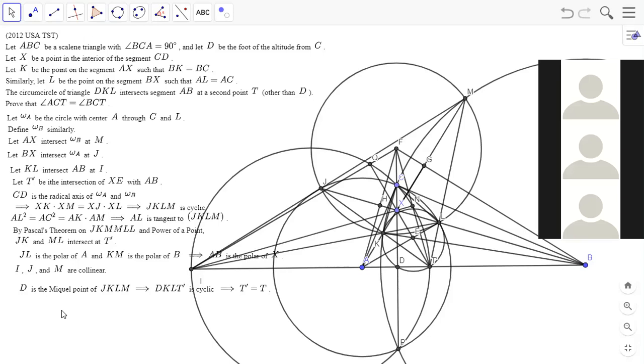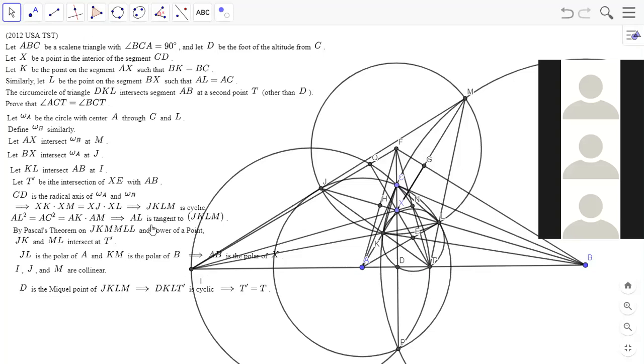All right, let's see if we can finish it up. So we want to show that F, X, C, and P are harmonic. Or let's say we know that. How does that solve it? Inversion with radius square root of FC times FP. F, X, C, and P are harmonic.